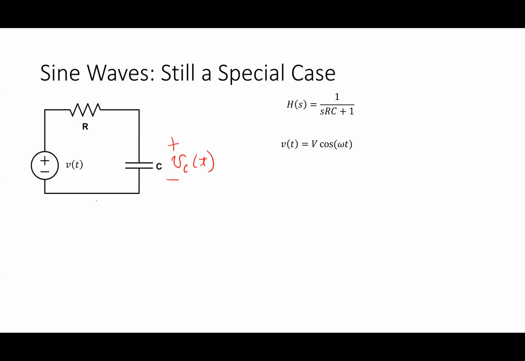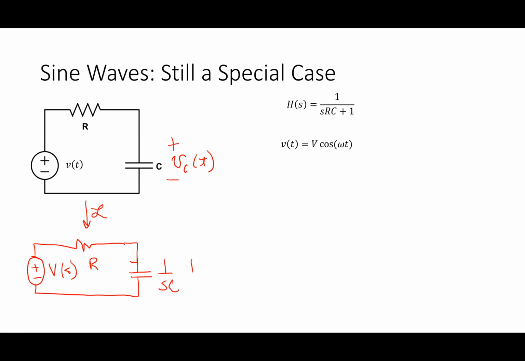So I move this to the Laplace world via the Laplace transform. What do I replace the capacitor with? With 1 over S times C, 1 over SC. And I'm interested in V sub C of S. So what does that become?